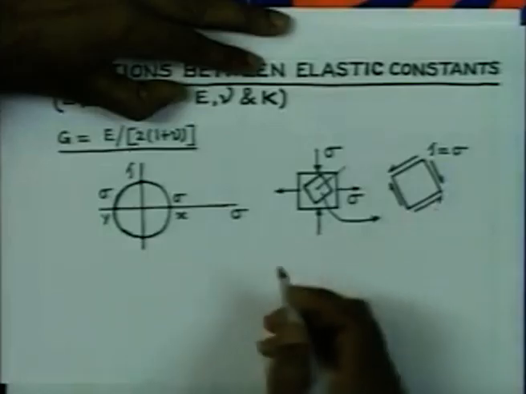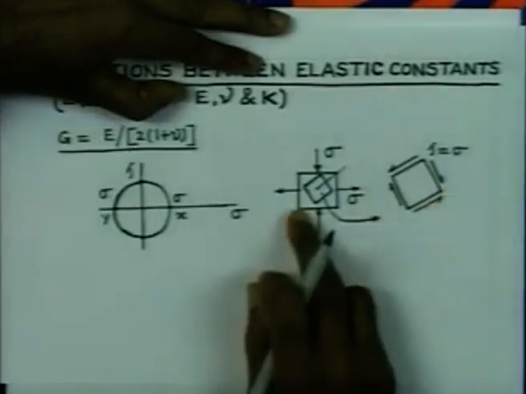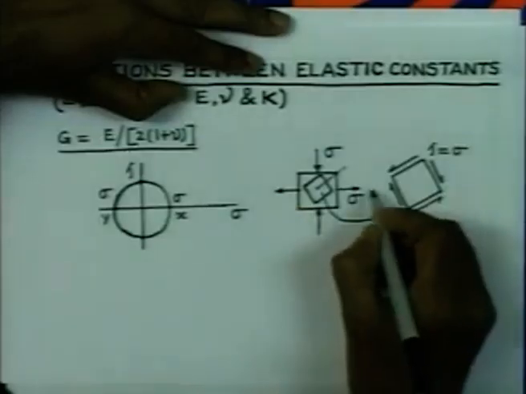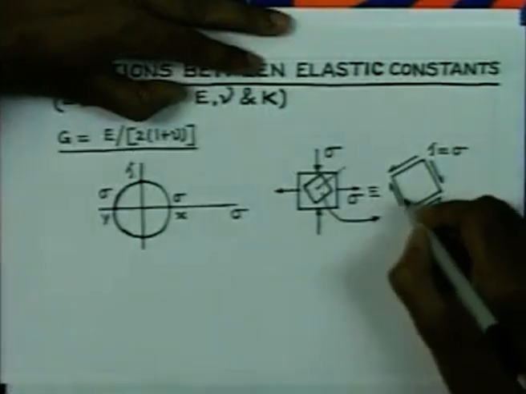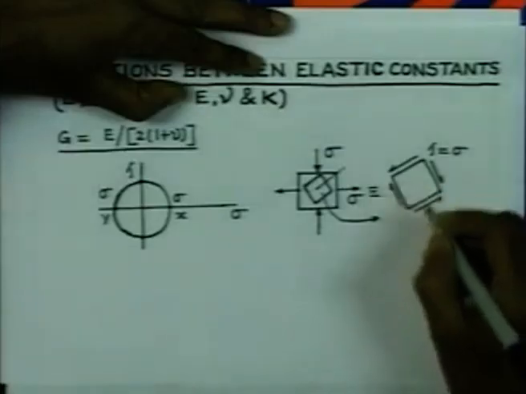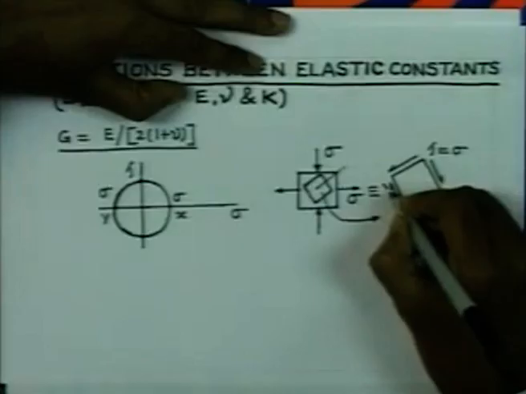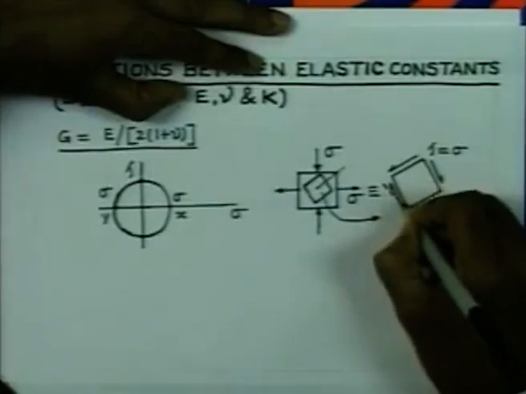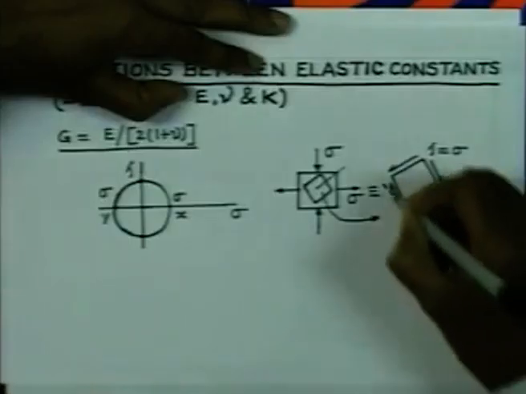Therefore, what we find is that the loading here is equivalent to this loading, which is pure shear loading. Under the action of this type of loading, we are going to get an increase in this angle here. So, this angle is going to increase.